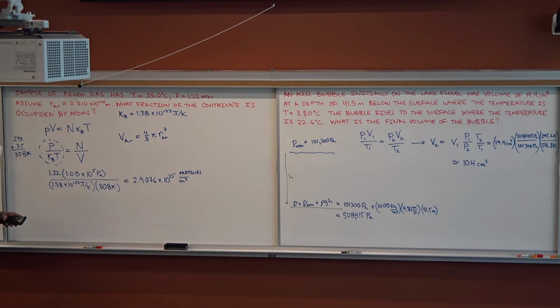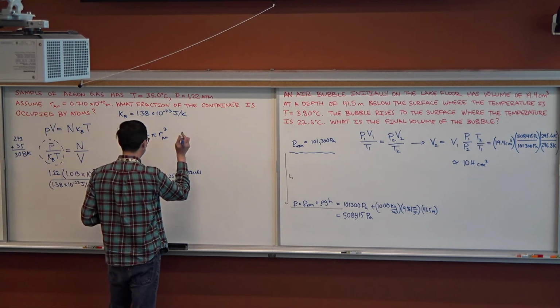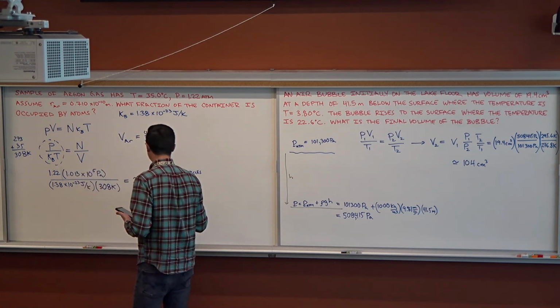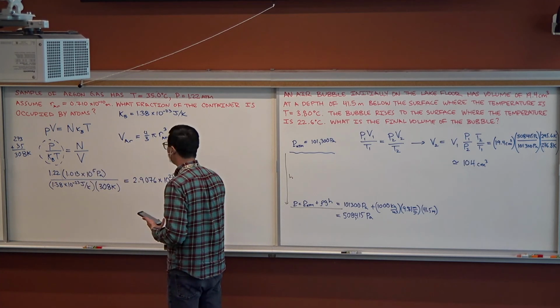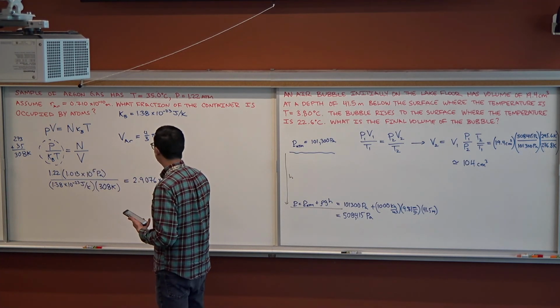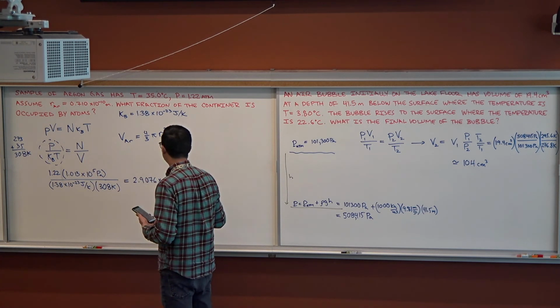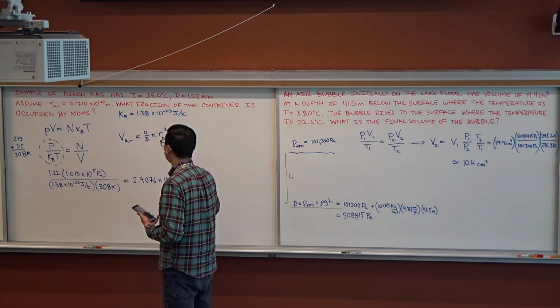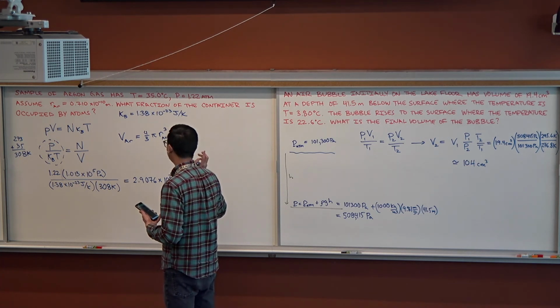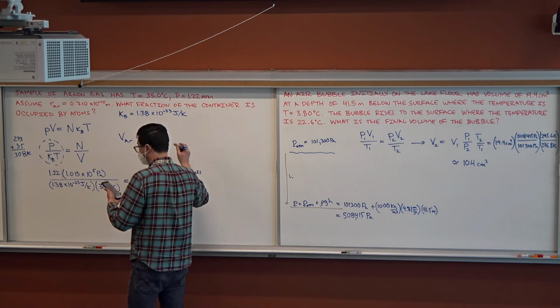So let's see if we can sort this out. The other thing I could do, since I know that this is N over V, well, let's just carry this through.